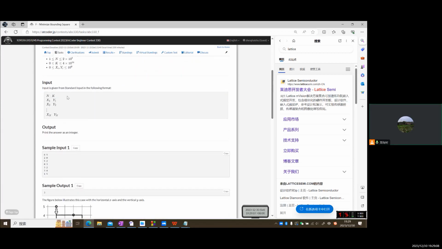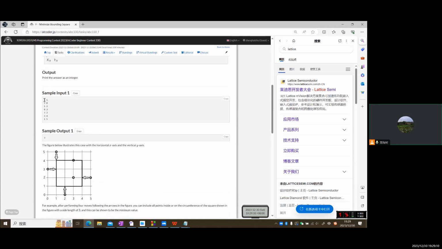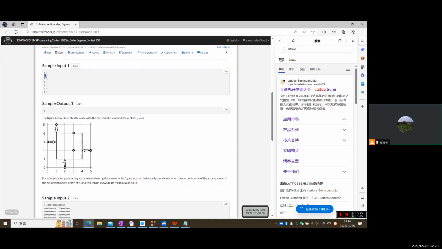Here we see the first sample, 6 points, and the maximum steps is 5. Now here are the 6 points' coordinates. The first is 2 0, the second point is 5 2, the third is 0 3, the fourth is 3 2, the fifth is 3 4, and the last is 1 5.